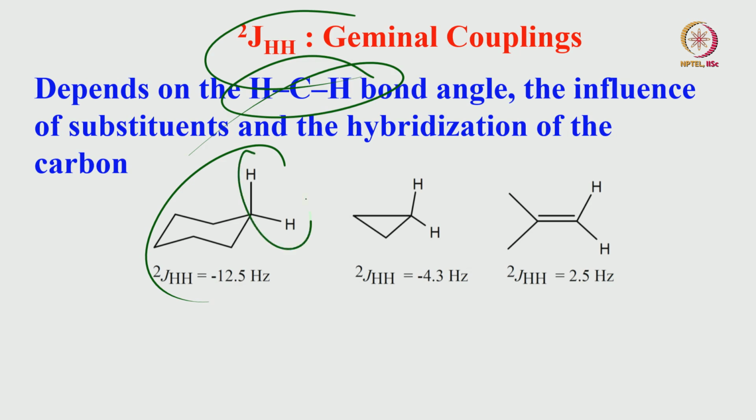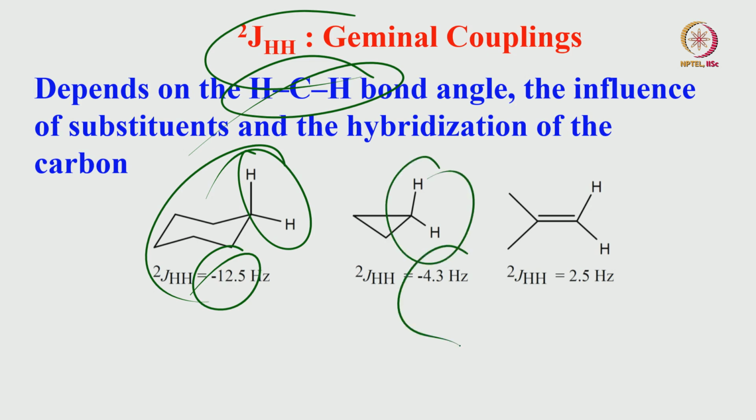For example, in this type of molecule, 2J coupling is 12.5 Hertz with a negative sign, and in this type of molecule it is 4 Hertz, and for this, as I already showed you in the previous example, geminal coupling is much smaller than cis coupling, and then even that is smaller than the trans coupling. So, this is what I said.